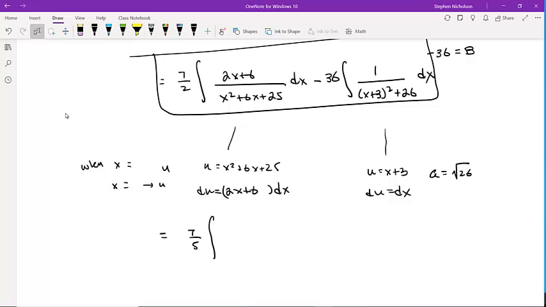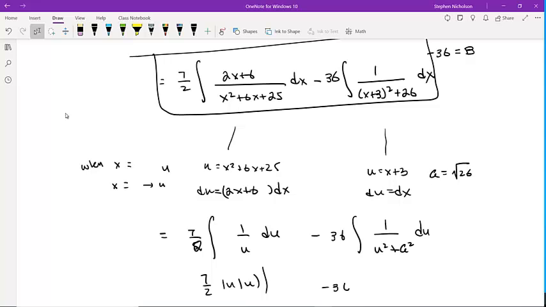So you have to get the u limits. But here you'd have 1 over u du. So this would end up being the natural log of u evaluated between the limits. And over here you'd have 36 times 1 over u squared plus a squared du. So the answer would be 1 over a arctangent of u over a evaluated between the u limits.